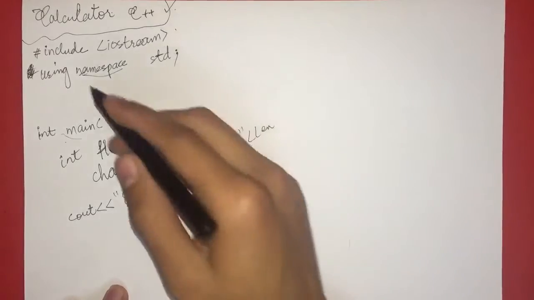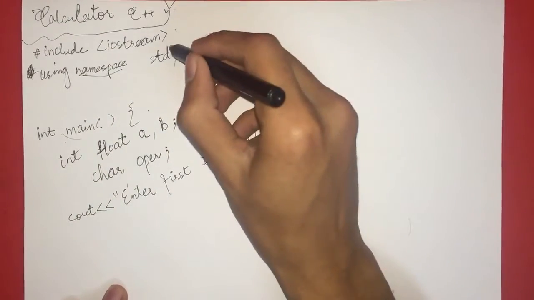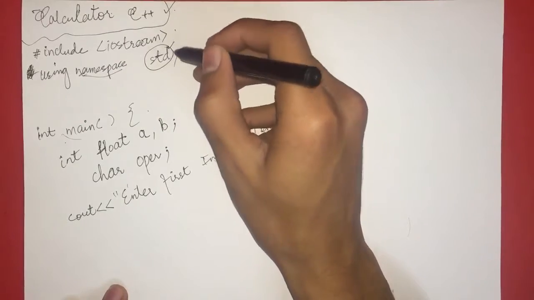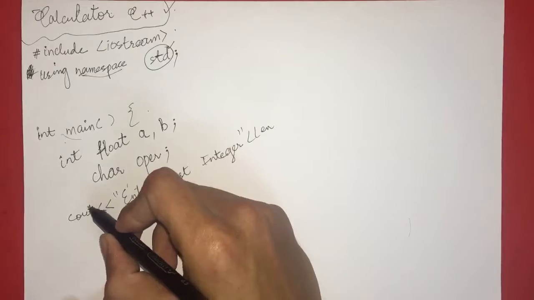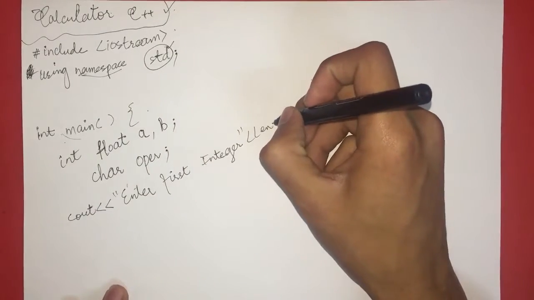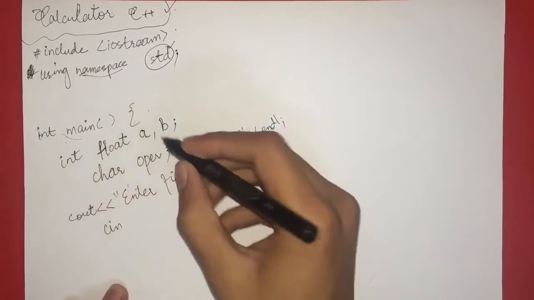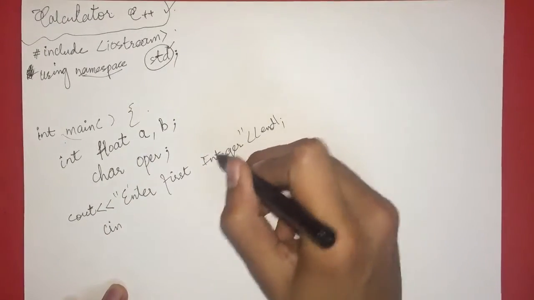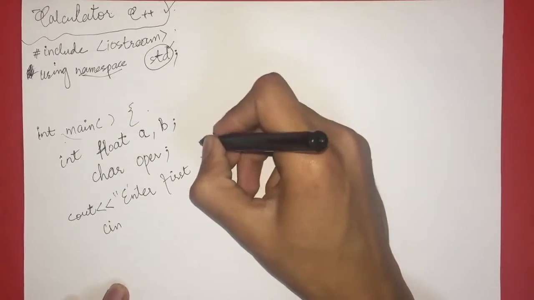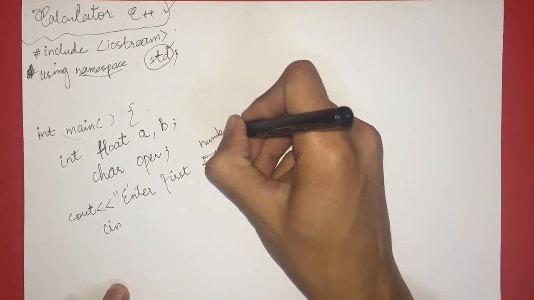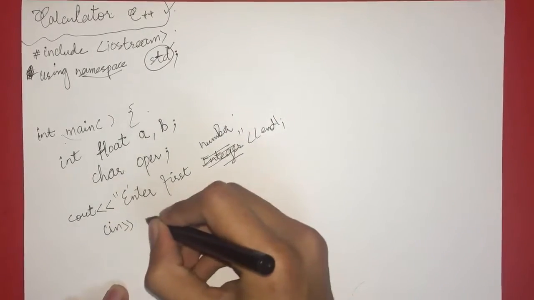As I stated, you don't have to use this reserved word std again and again. You can just write cout, cin, and endl as it is. So endl, enter first number, because we are using the data type float. So enter first number, and then cin a.